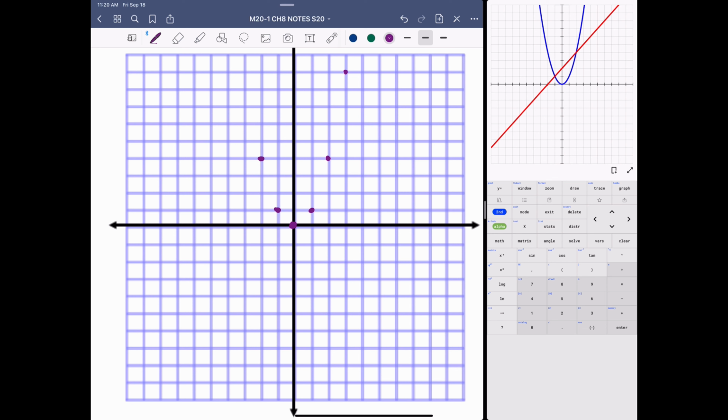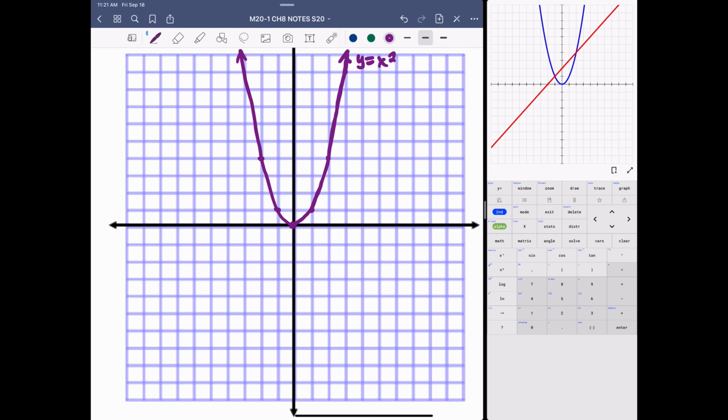And if x is -3, -3 squared is +9. I can connect these points to make my quadratic. Not very pretty, but that's okay. There's my graph y equals x squared.